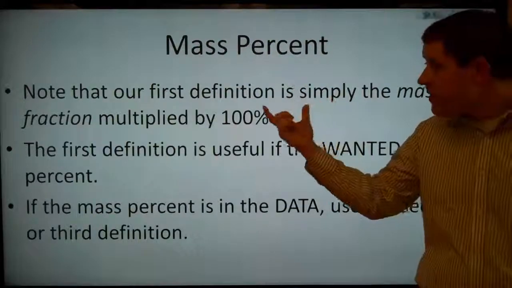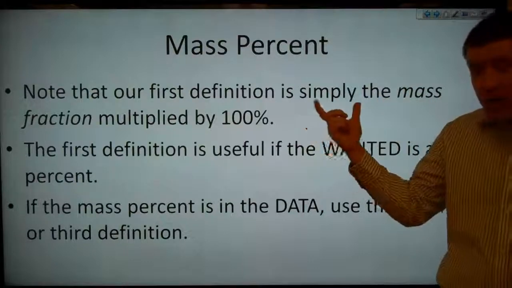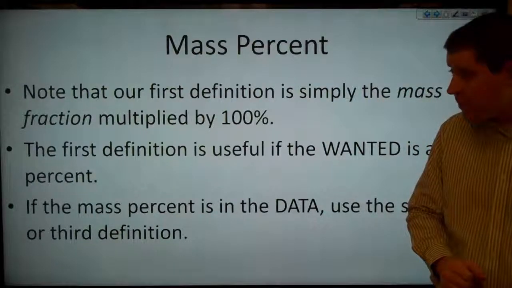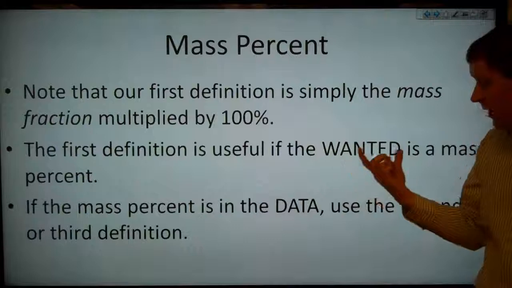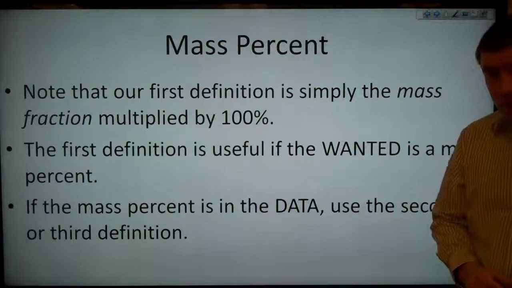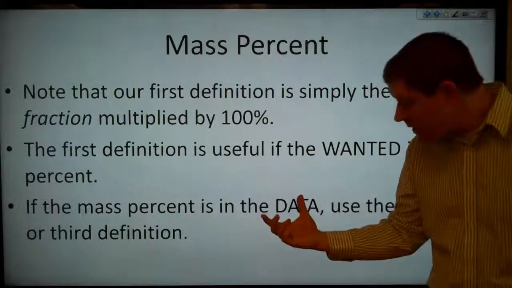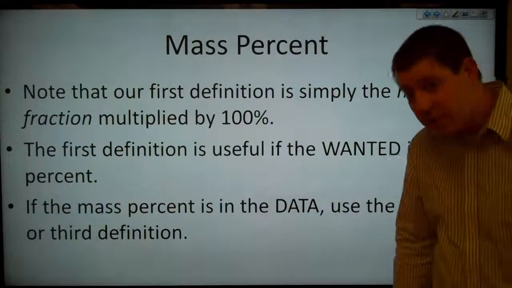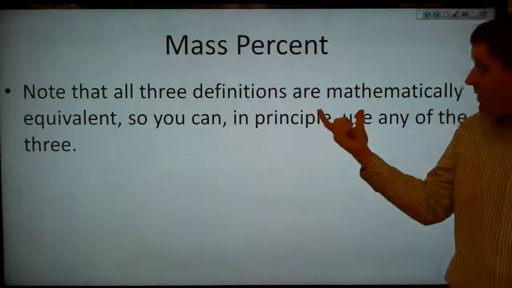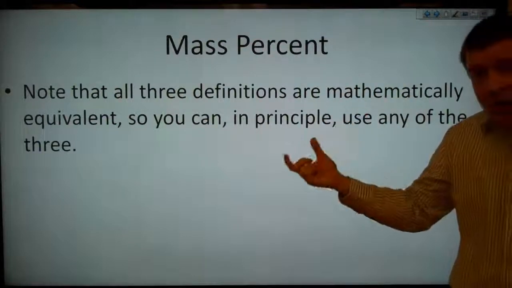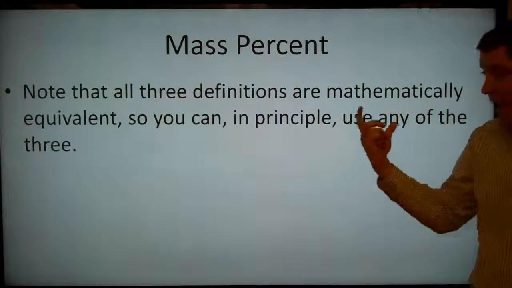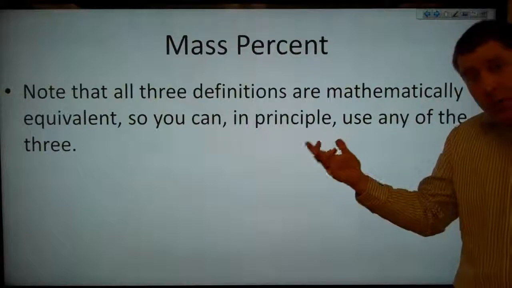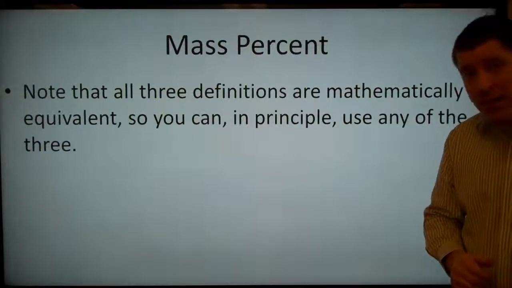Note that our first definition is simply that mass fraction multiplied by 100%, and that first definition is useful if the wanted is a mass percent. If the mass percent is in the data, then use the second or third definition. All 3 of these definitions are mathematically equivalent, so you can, in principle, use any of the 3, but one definition may be easier to use than another.